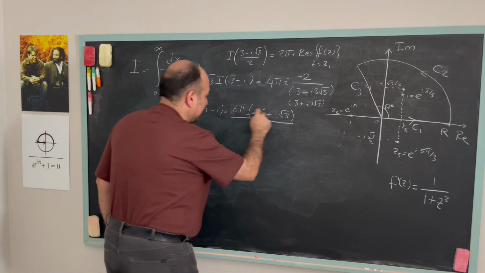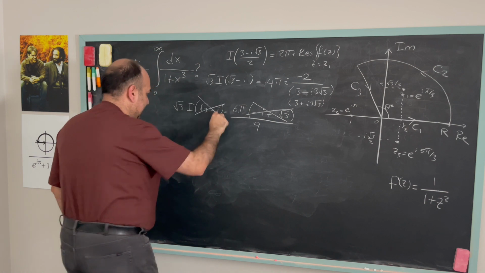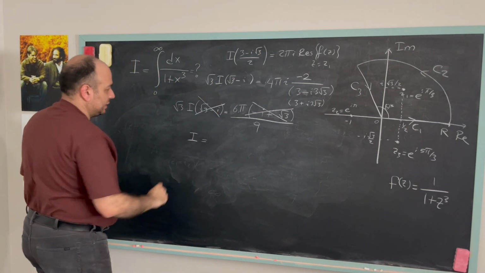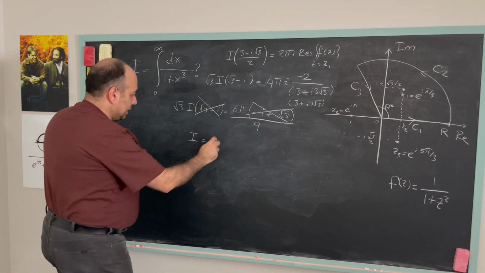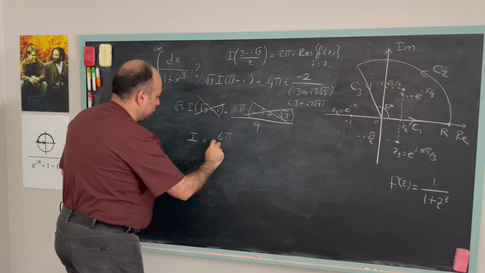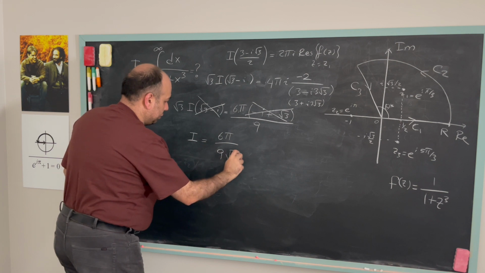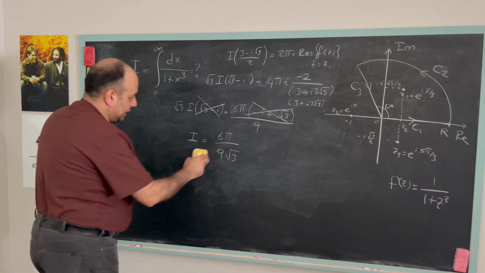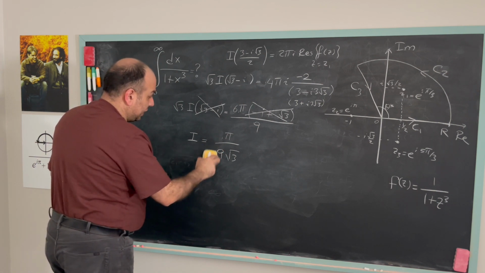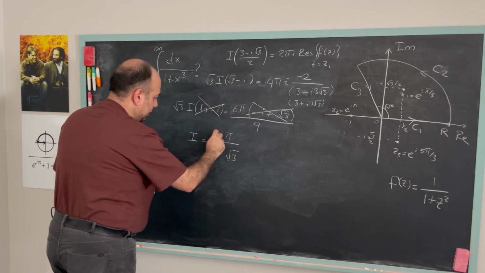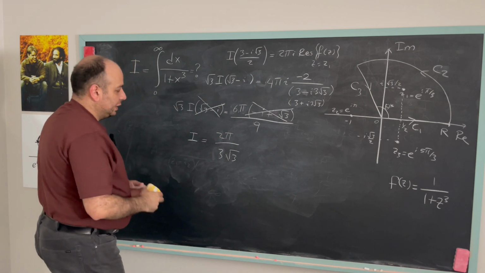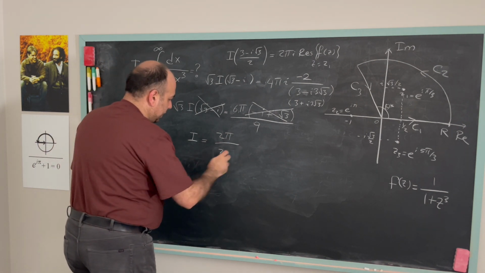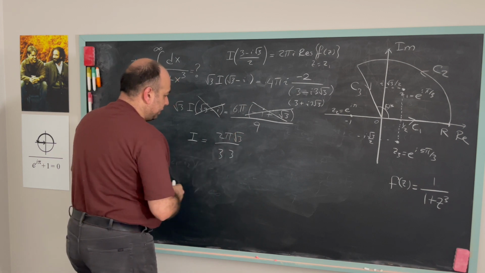Very good. So they simply cancel each other out. So I is nothing but 6 pi over 9 square root of 3. So we can further simplify that. If you divide by 3 here, this is 2 pi over 3 actually, and if you multiply with square root of 3, this will be 3 here, this will be square root of 3 here.